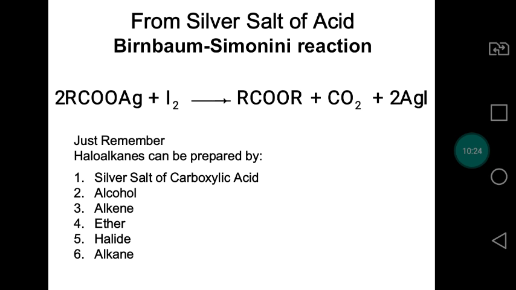From alcohol we have used four reagents. For alkene we can go for Markovnikov or anti-Markovnikov addition reaction. In ether it is a substitution reaction by adding HX. For halide, we have two reactions, Finkelstein and Swarts, which are halogen exchange reactions. And in alkane, a halogenation reaction. So these are all about the preparation of haloalkanes. Now let us go to the haloarenes.